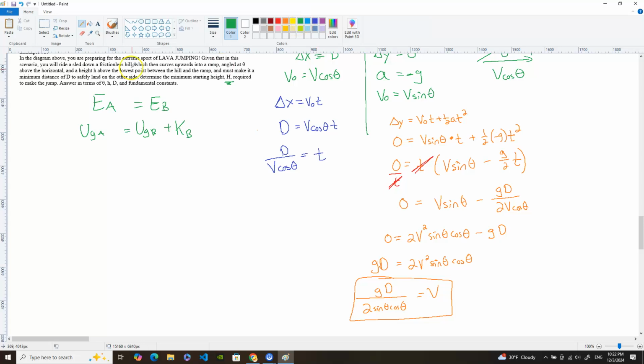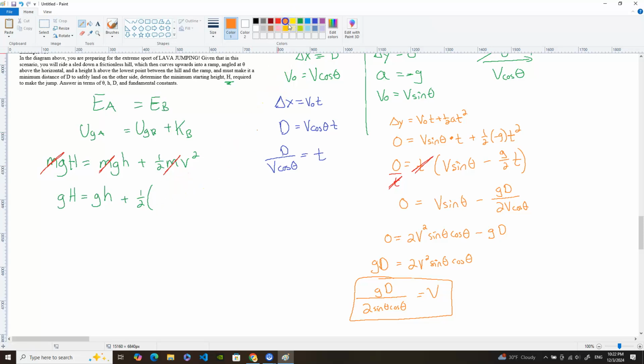Okay, let's come over here to the energy conservation. Mg big H equals mg little h plus 1/2 mv squared. Galileo was right. Mass doesn't matter. G big H equals g little h plus 1/2 times.